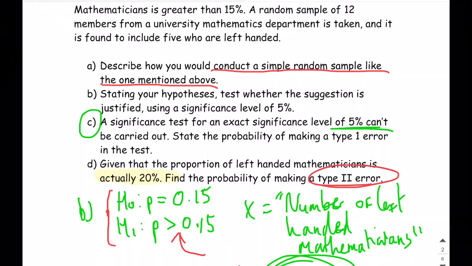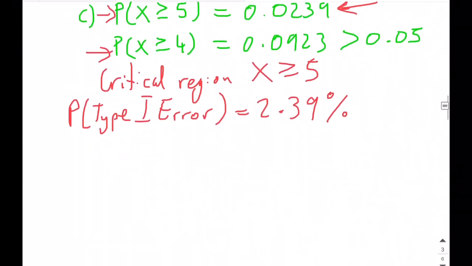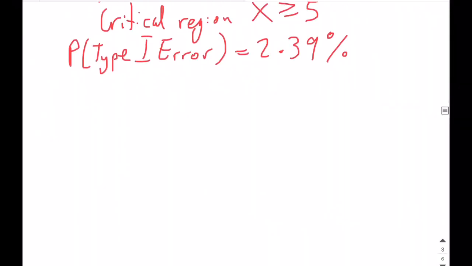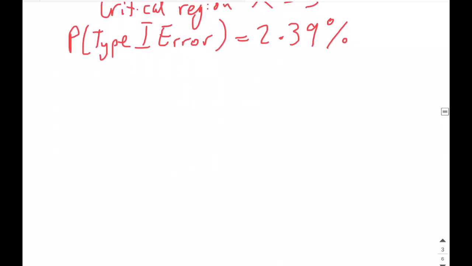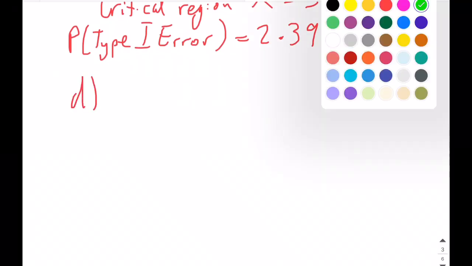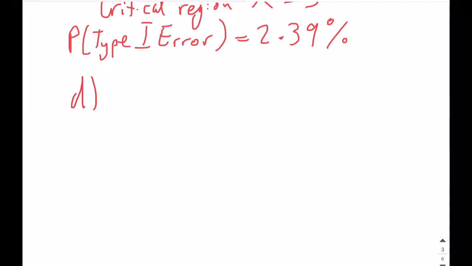So find the probability of sticking with H0 even though my proportion suits H1. So even though I should be rejecting H0, what's the probability of sticking with H0? So the first thing to do is to change my binomial distribution.